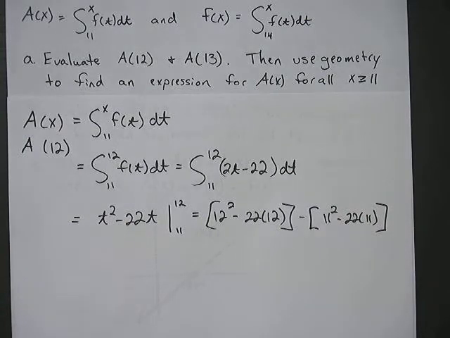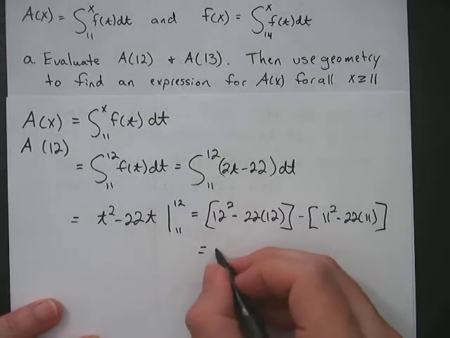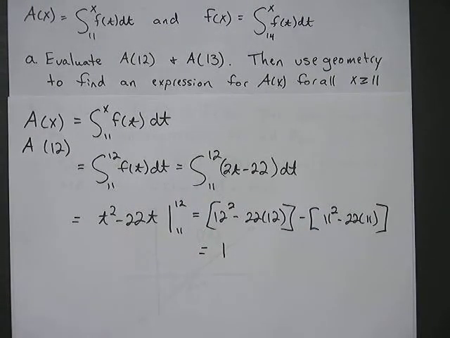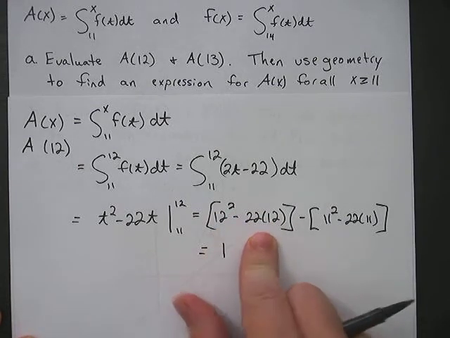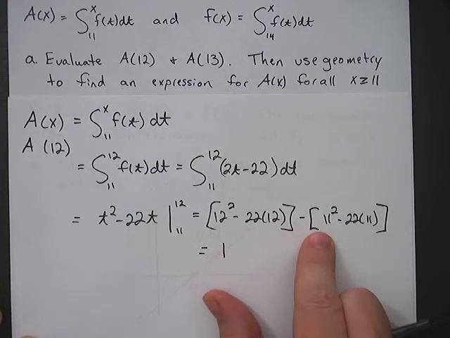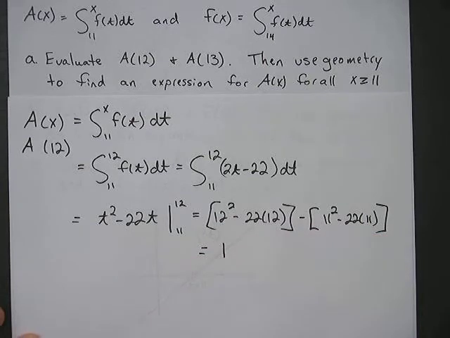If you plug that into your calculator, you get 1. That's 144 minus 264 minus 121 minus 242, and you get 1, which is the same answer you would get with geometry.